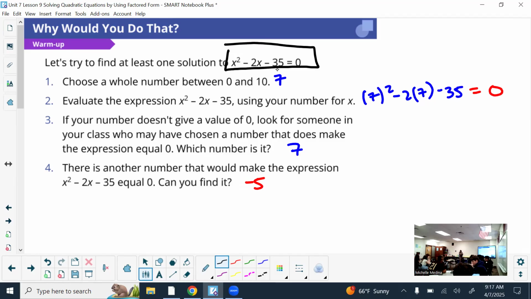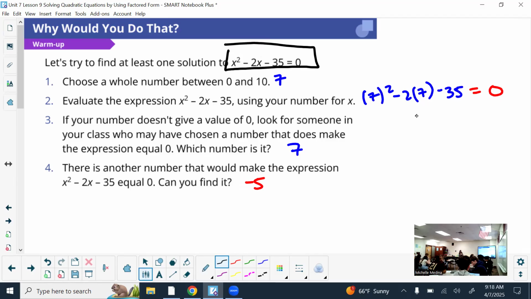So if I have a trinomial in this format, how do I factor it? What method do I use to factor it? If it looks like this. Right, we learned how to factor all last week. So we're going to now mix the factoring methods together.